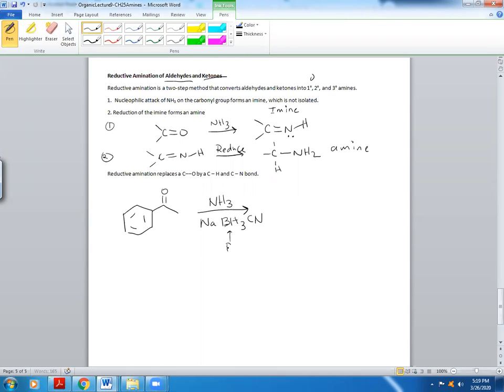This is the reducing agent. Okay, how do I show the product for this? All I have to do is replace this whole carbonyl with an NH2. That's it. Because that takes care of the first step, the attack, and then the reduction afterward. That is it.